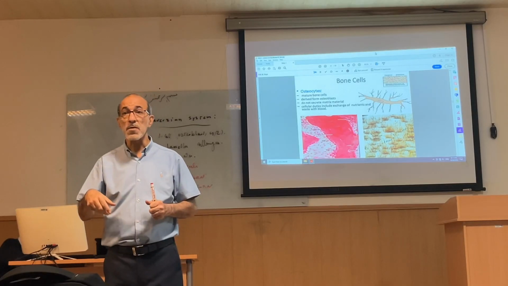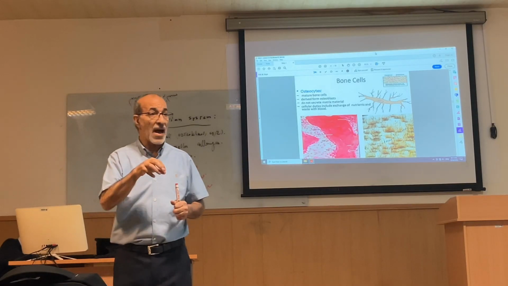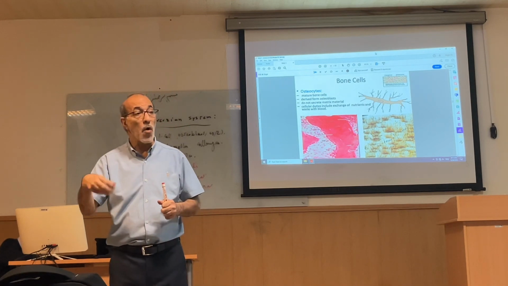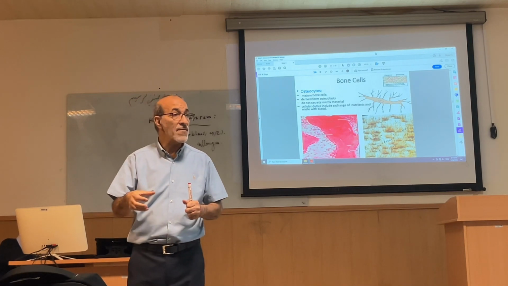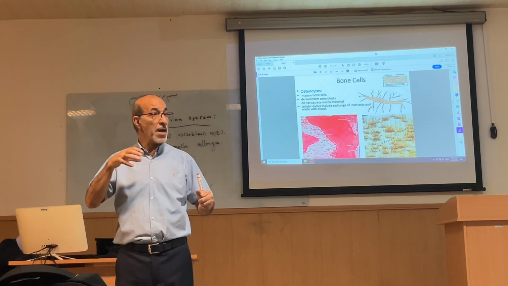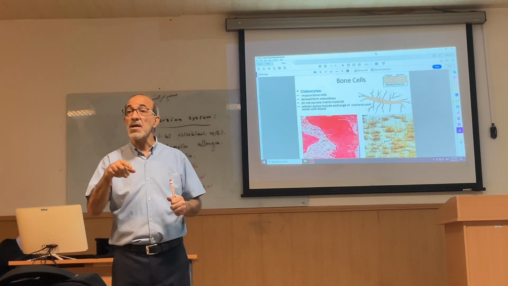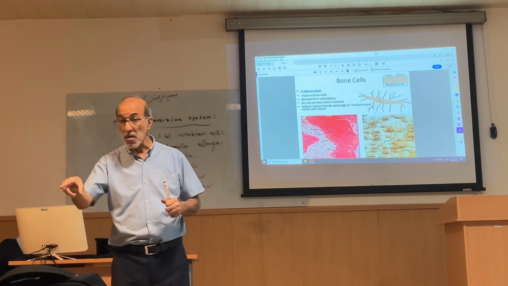That's very good. This cell is very active. Why? Because this cell has a Golgi apparatus, very active. This cell has RER, very good.